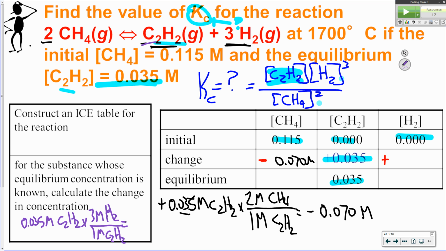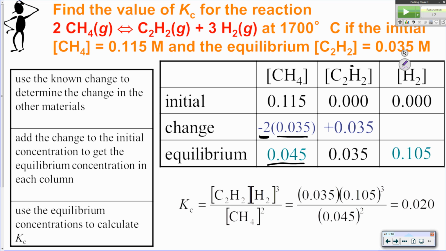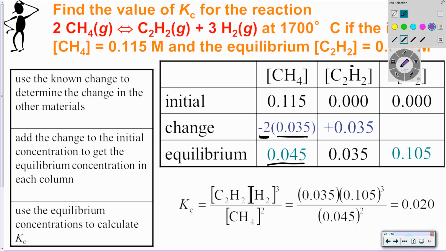So on this one, I'm just going to multiply it by 3, so 0.105 molar H2. So this one is going to go up by 0.105 molar. And the fact that it didn't have any initially tells me it's going to be 0.105 molar. Okay, so if I look at the value of this one in the table, that's where that comes from.